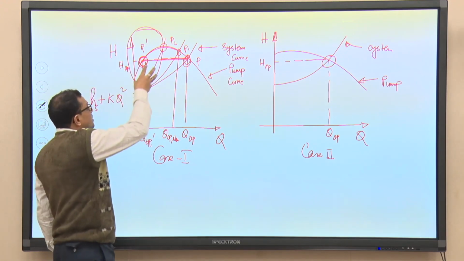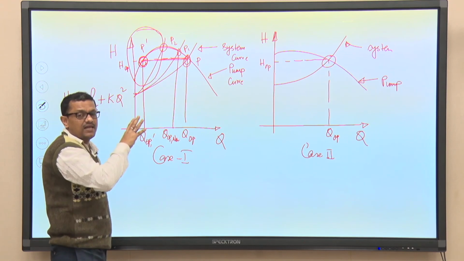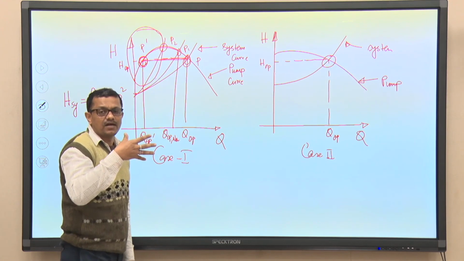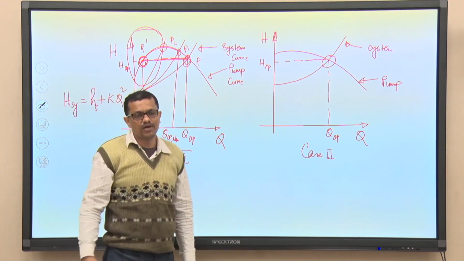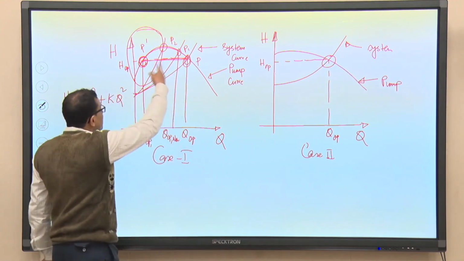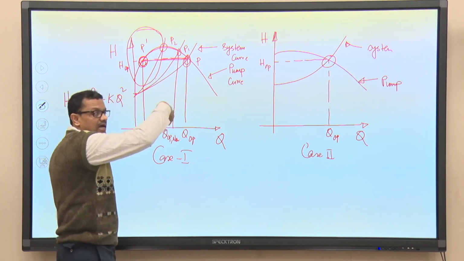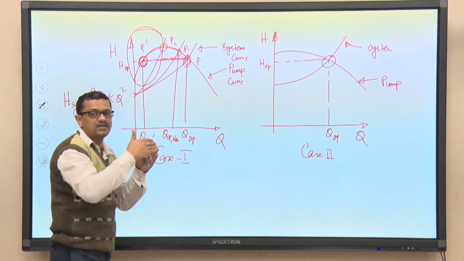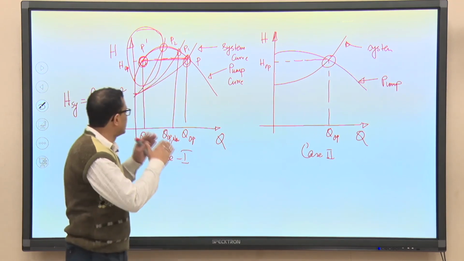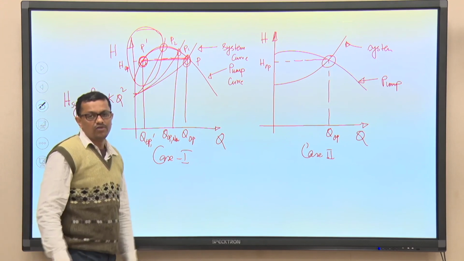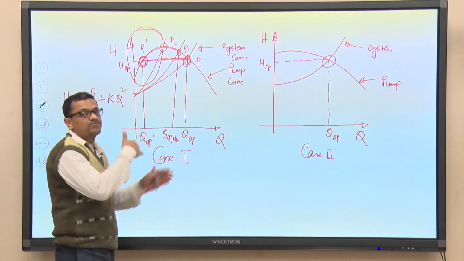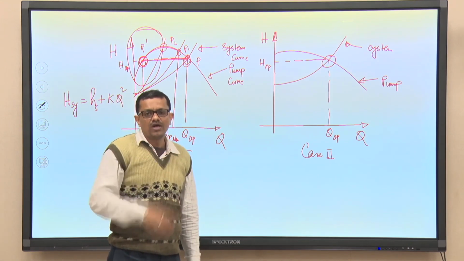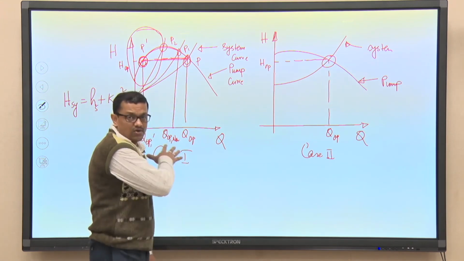If the curve takes a shape like this, we have seen that because of malfunctioning of the delivery valve or any mistake from the pump operator, the pump will be operating at a constant head, but it will be delivering 2 different volume flow rates. So, as if the pump is fluctuating between 2 volume flow rates. So, this is not desirable.